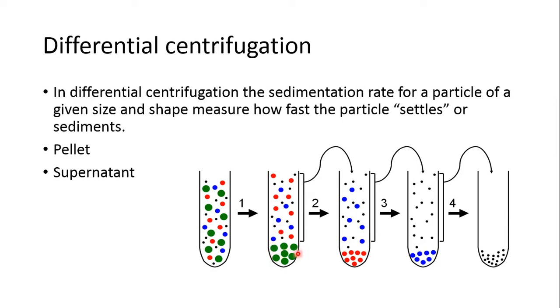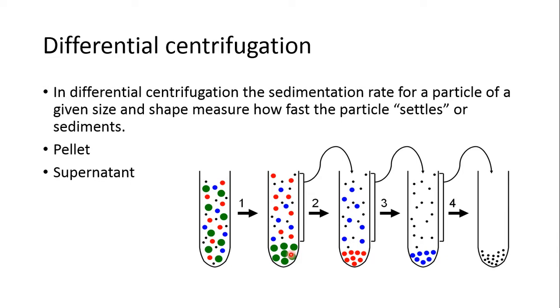The molecules at the bottom, the sediment of large size molecules, form a layer that is called the pellet. And all the suspension above, the cell suspension, is the supernatant.